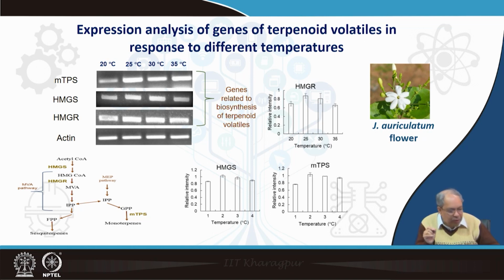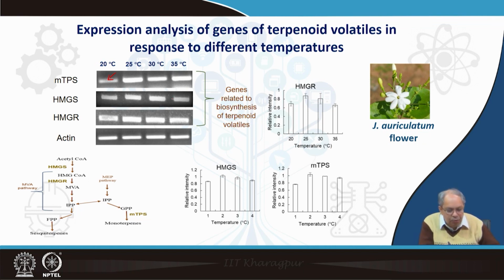So, it is not that high gene expression makes the final product; it may not be. As you see, at 20 degrees terpene synthase expression is slightly less, whereas at 25, 30, and 35 there is not much difference.